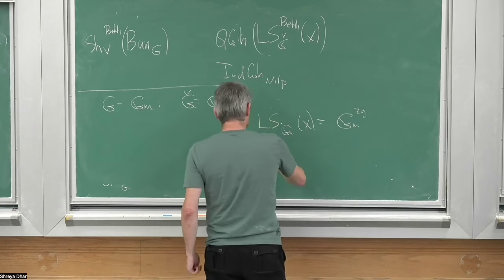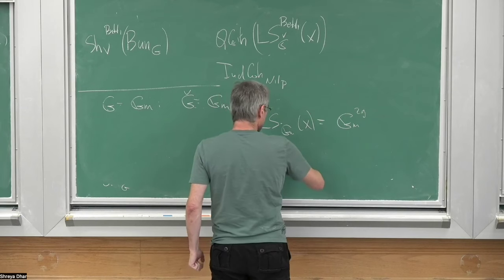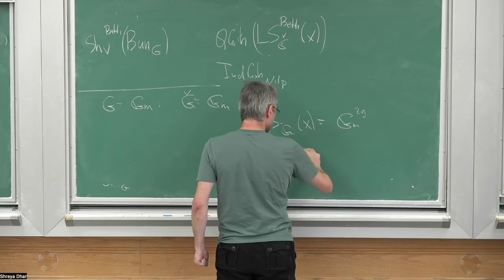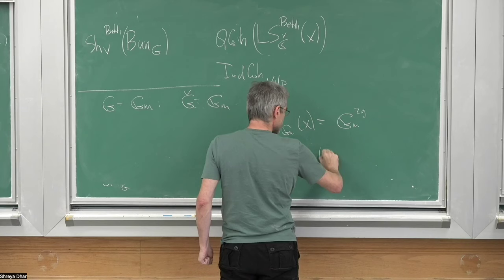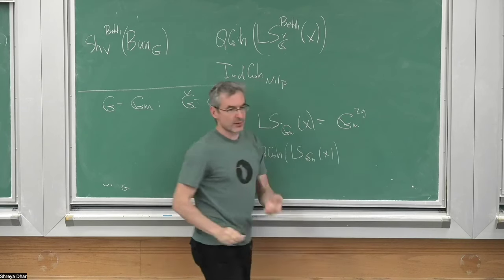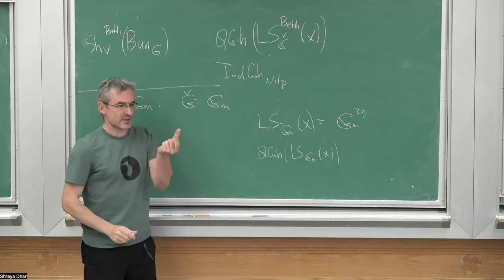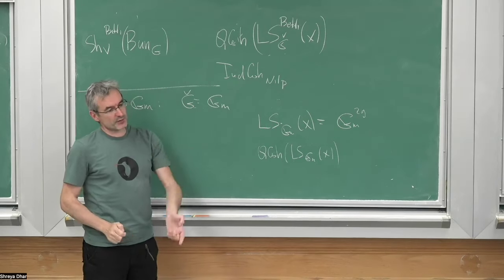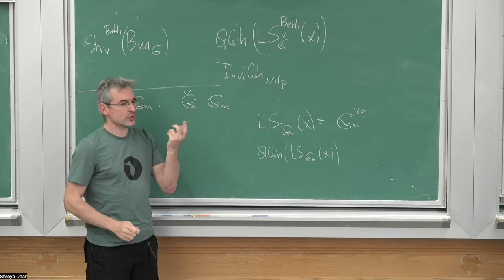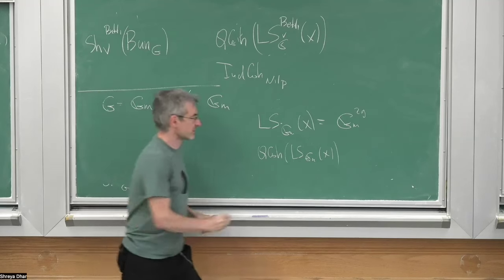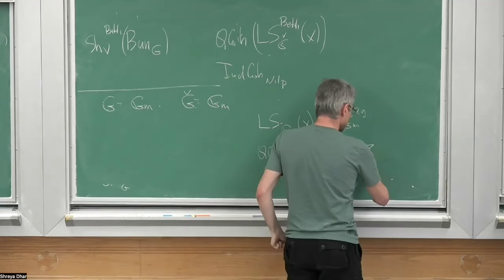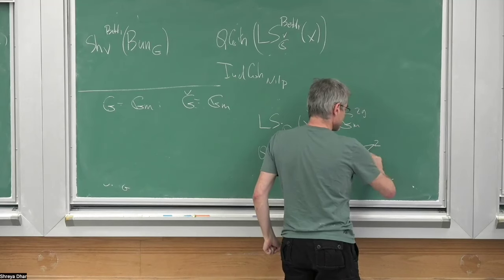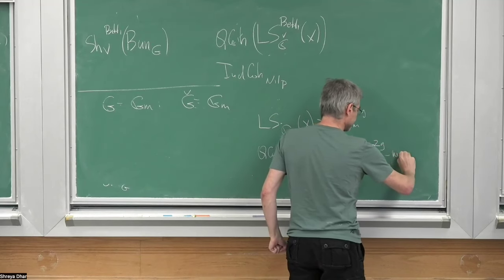So let's see, what is QCoh of LocSys G_m? It's quasi-coherent sheaves on G_m to the power 2g. This variety is affine. What's a quasi-coherent sheaf? It's a vector space on which 2g invertible operators act. So it's written as representations of the group Z to the 2g, modules.